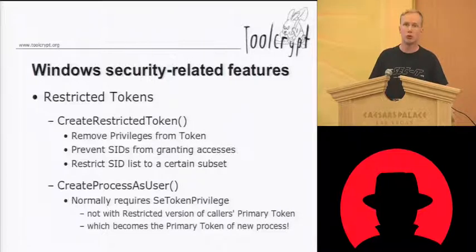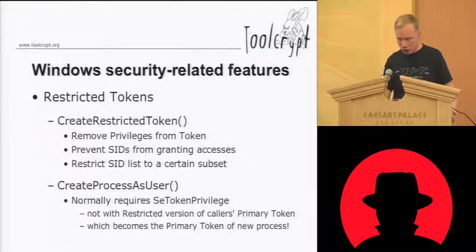you might want to break that off into a separate process and make sure that that process runs with as few privileges as possible. So you can do a number of different things with the create restricted token call, where you can both prevent SIDs from granting access.